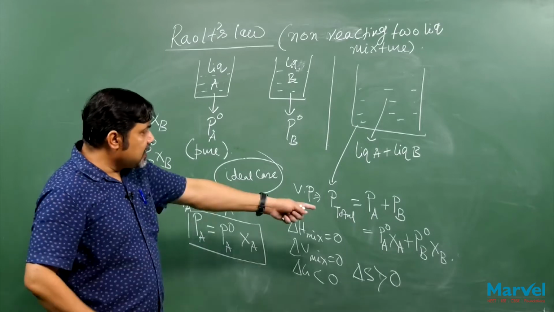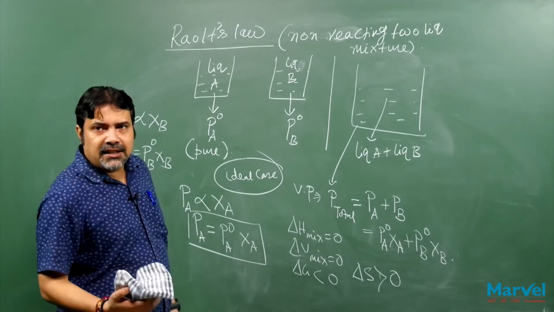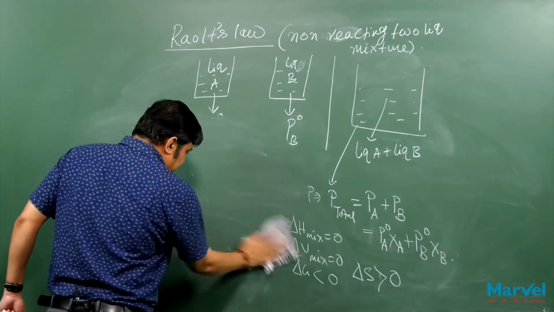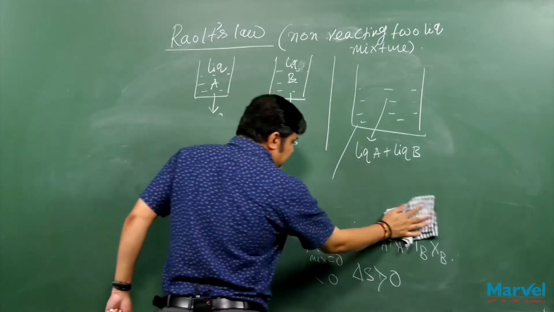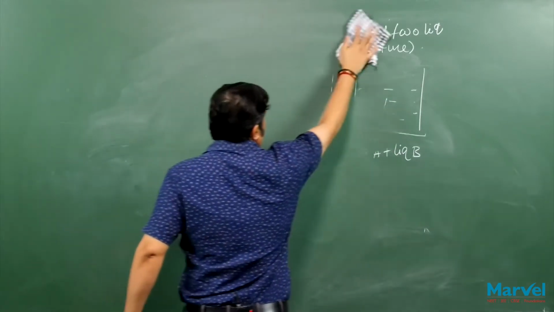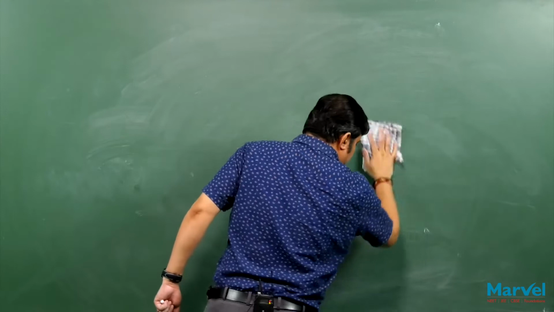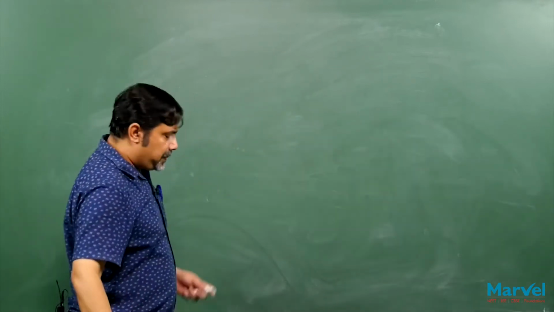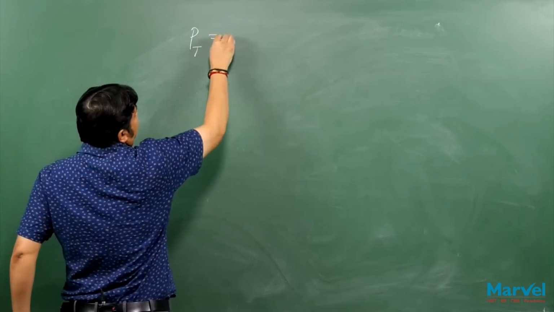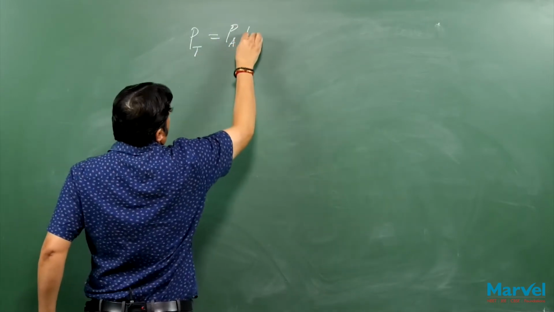Now, after understanding these things, let us focus on how they can give the problem. Then after these things, we will go for positive deviation and then the negative deviation from Raoult's law. If you look at how they will give the problems, already we know P total is PT equals PA plus PB.